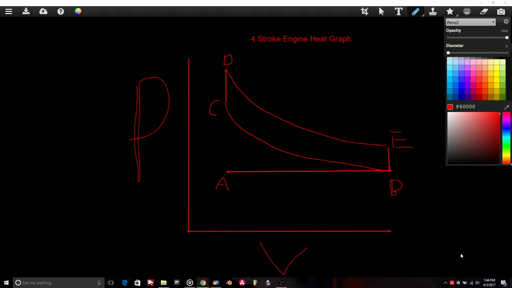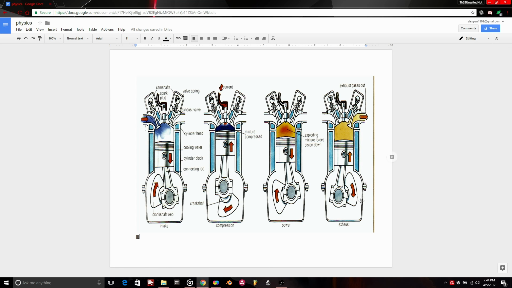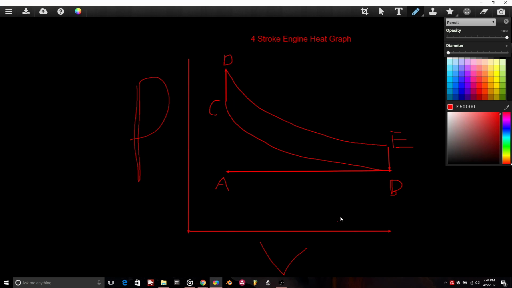As we can clearly see from E to B to A, the gases, after it hits bottom dead center, cool down, and from B to A, the piston itself pushes the gases out because that's when the exhaust valve opens to let the old gas out, as seen in this diagram right here, which pretty much explains the exhaust stroke. It's a pretty basic concept. And then everything resets to start the whole cycle over.